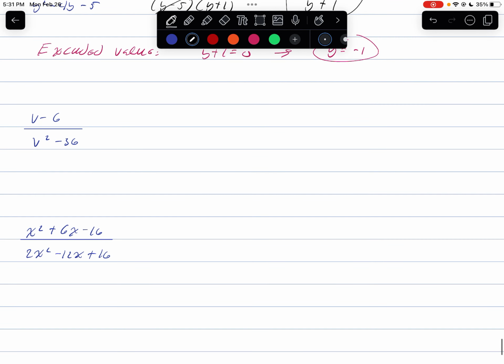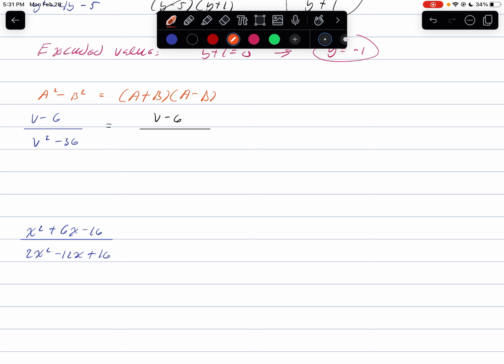Okay, let's look at this next one here. We have v minus 6 divided by v squared minus 36. Okay, well, again, we can't do much with the numerator here, so we're going to leave that be at least for now. But we know that v squared minus 36 is a difference of squares, and if we remember our difference of squares, if we have a squared minus b squared, this is the same thing as a plus b times a minus b.